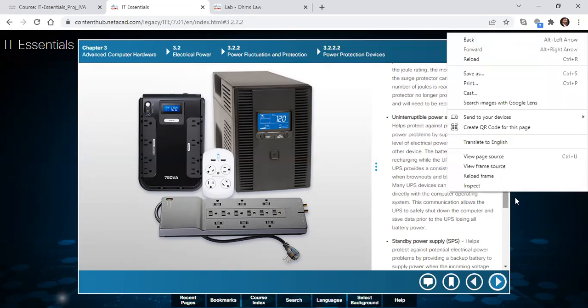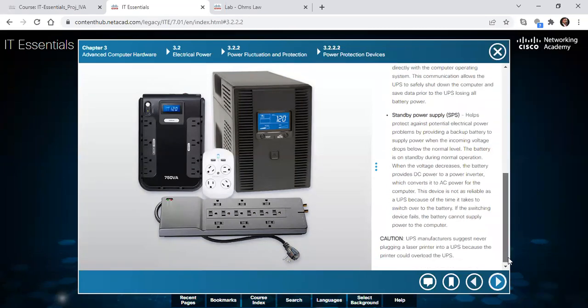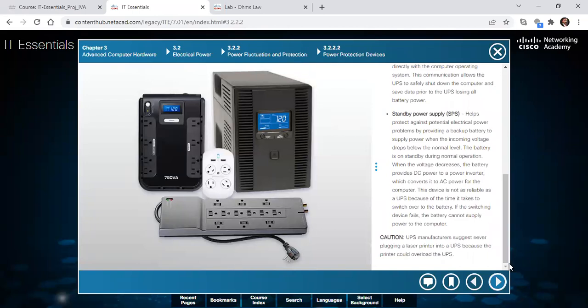Then we have what we call the standby power supply, which is the SPS. So SPS protects against potential electric power problems by providing a backup battery to supply power when the incoming voltage drops below the normal level. The battery is on standby during normal operation.